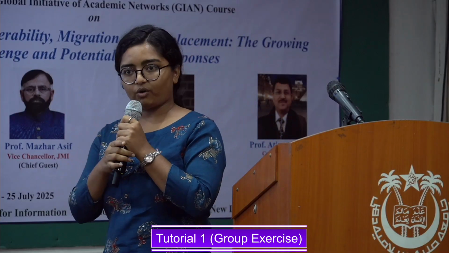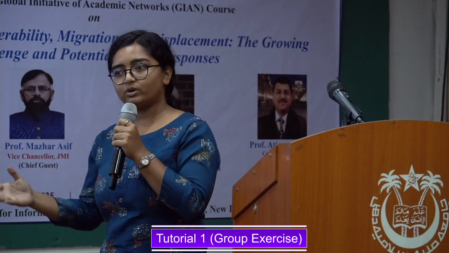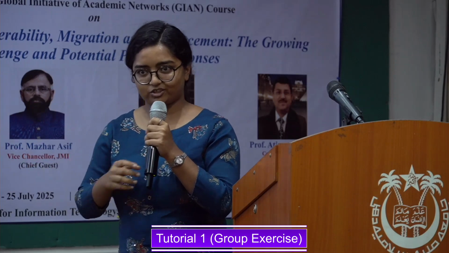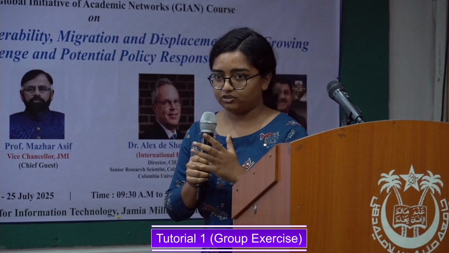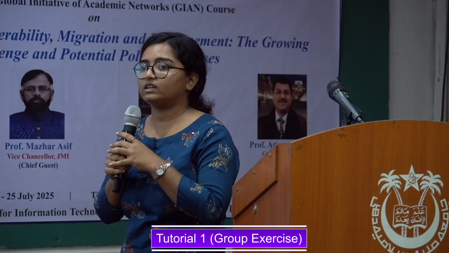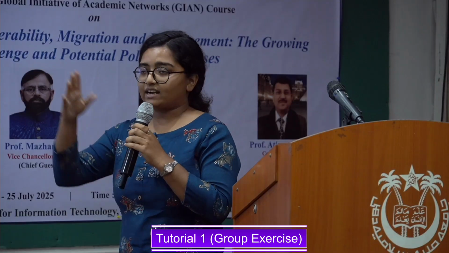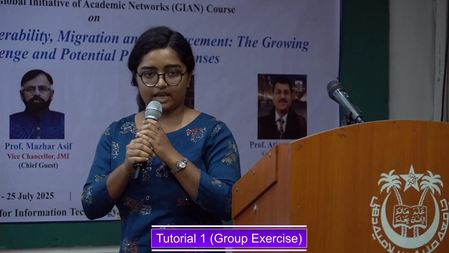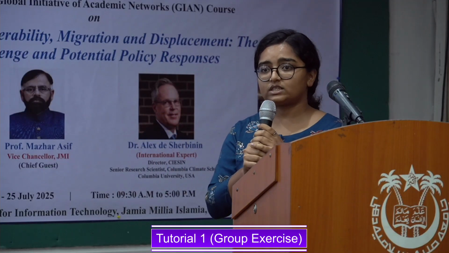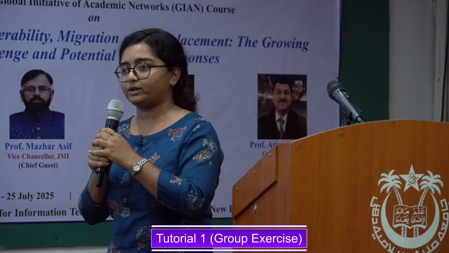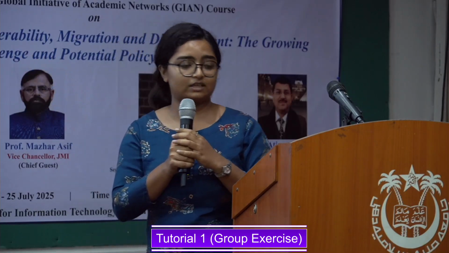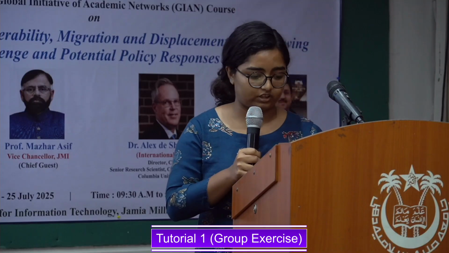If food insecurity is a problem, then how does food insecurity come into the picture? If seawater intrusion is happening in the agricultural fields, that is where the resource scarcity is happening. If habitat loss is happening, if human-animal conflict is a problem, then resource loss is the major reason for that.